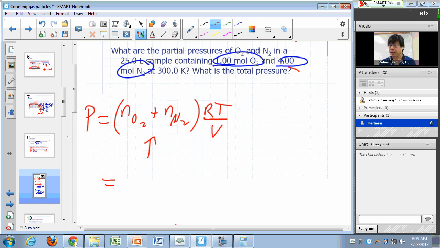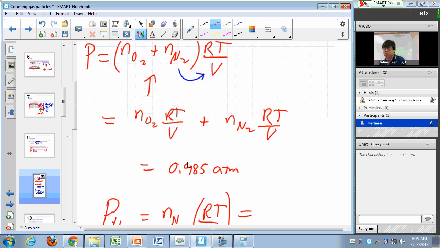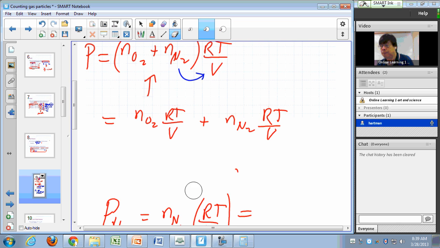And so using the distributive property, I can multiply this and multiply that. I get moles O2 times RT over V plus moles N2 times RT over V. Well, what is moles O2 times RT over V?